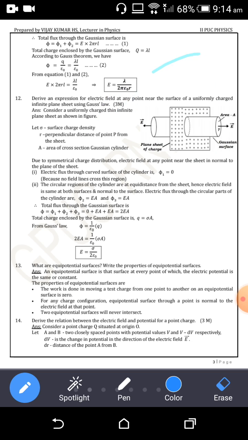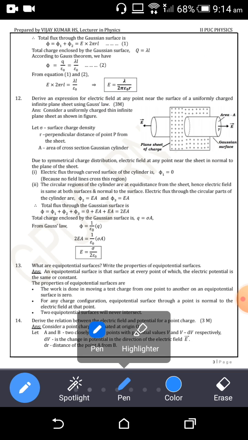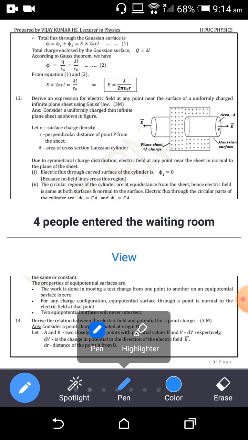So go through the explanation, figure, and mathematical part. In case you have any doubts, you can ask me.